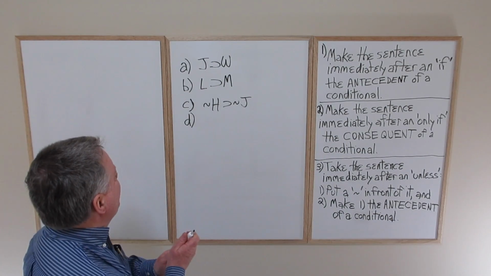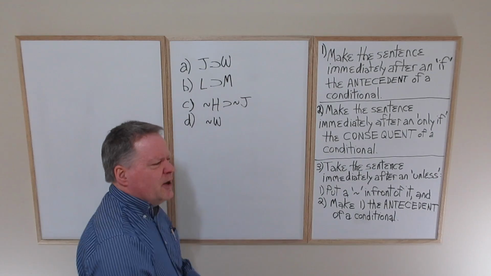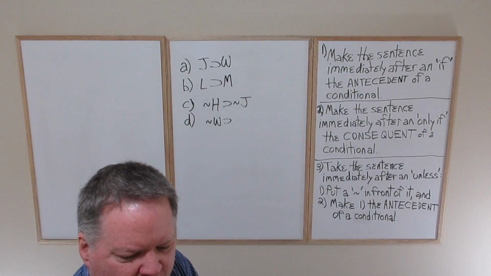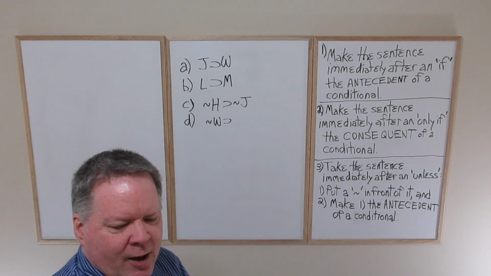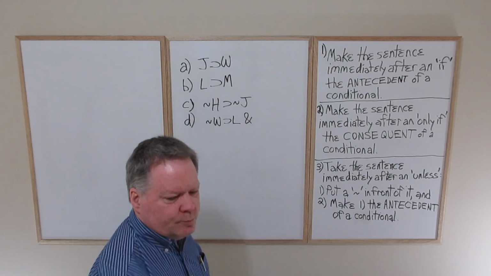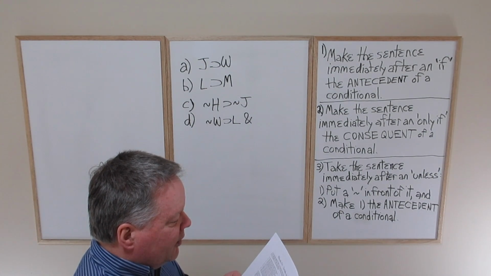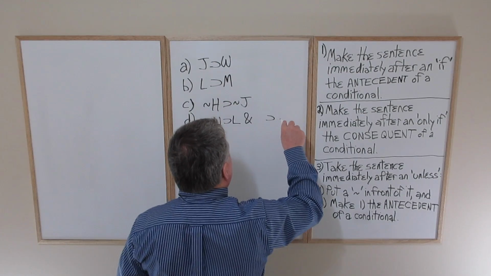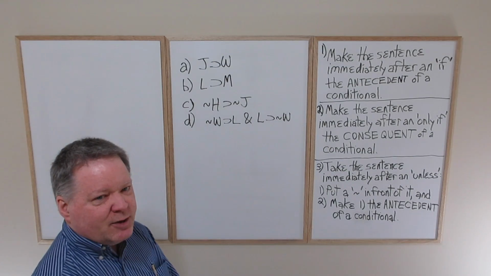So, let's start off with the if. That means tilde W would be the antecedent of a conditional, and the other part of the sentence is John works late, which is L. Tilde W, horseshoe L. Then we've got Mary does not coming after an only if, which means it becomes the consequent of a conditional, and John works late becomes the antecedent.